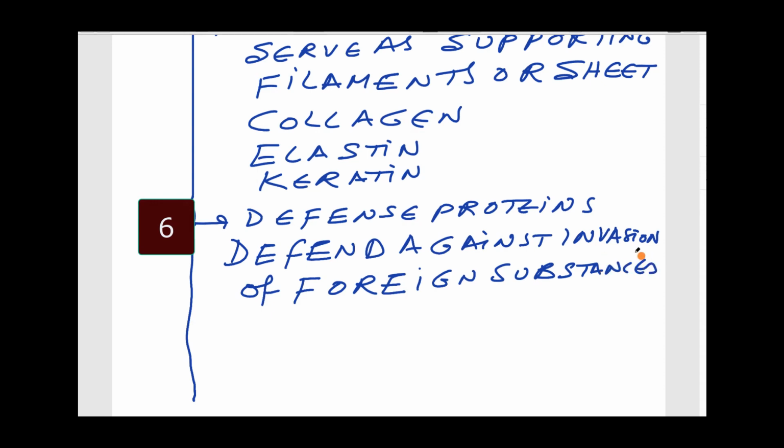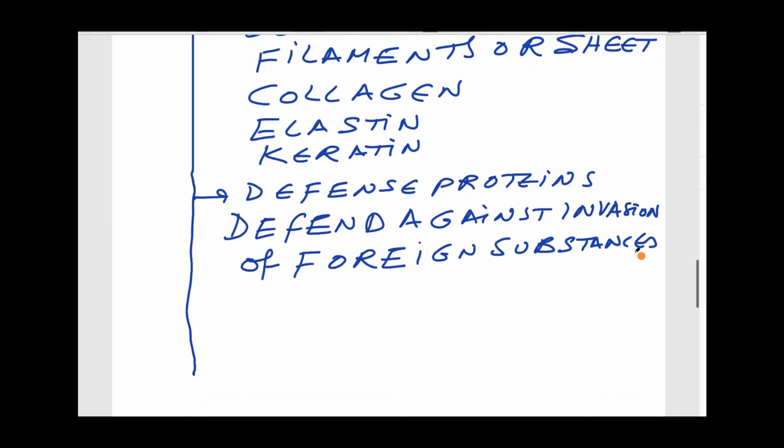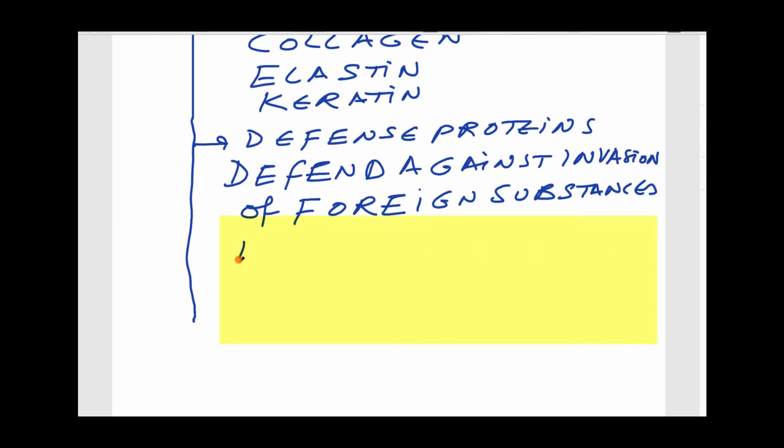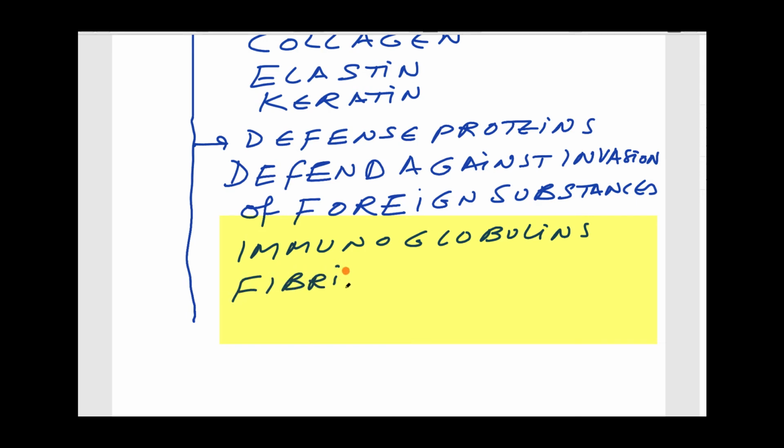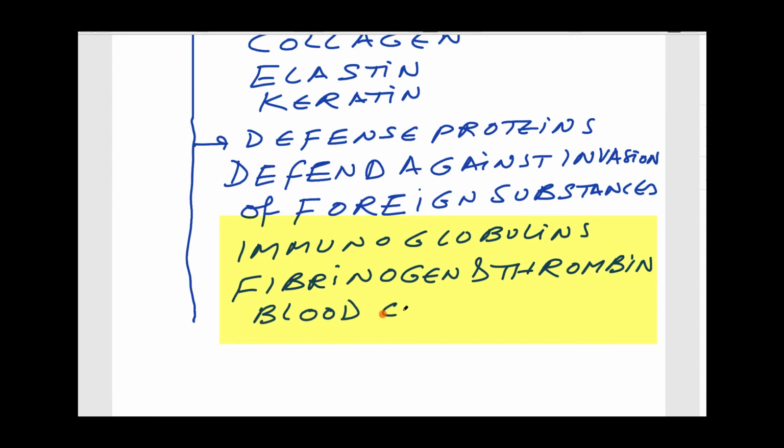The examples are immunoglobulins. We can also include fibrinogen and thrombin in this category, because they are blood clotting proteins. They prevent the loss of blood.